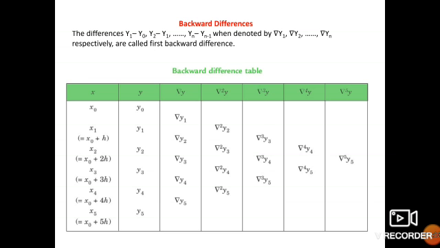In the backward difference table, we select the bottom values, which is x0 plus 5h, the most bottom value x5, y5, del y5, del squared y5 and so on. So we select only these values for the backward difference table.